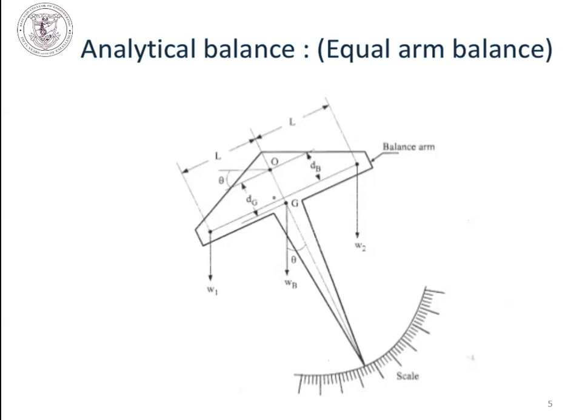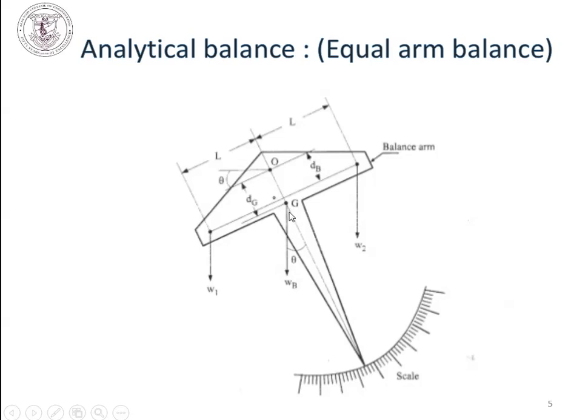Let us consider the case where the unknown weight W1 is more than the standard weight. What happens? Automatically the arm balance will tilt towards W1. Due to this uneven balance, the pointer will move towards the right direction.